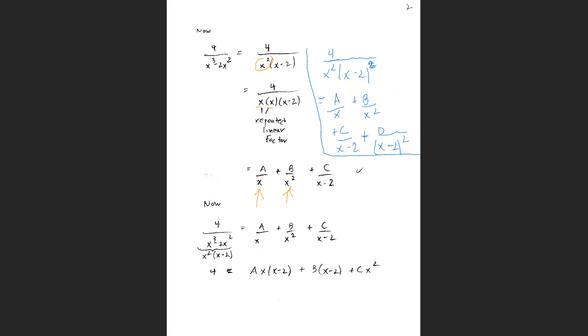That comes next, but you just put a constant above it. Okay, and that's the procedure that will work. More normally, when you have a polynomial of degree 2, you would put ax plus b above it, right? But in this case, with a repeated linear factor, you don't do that.